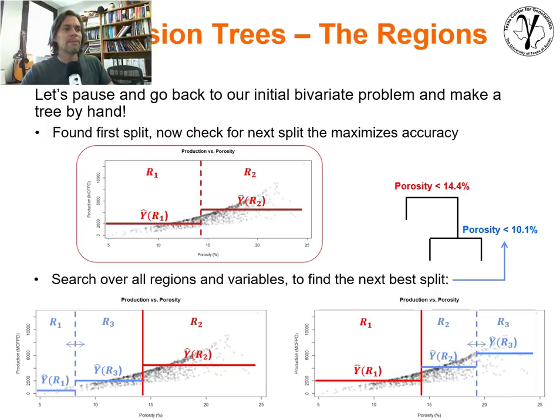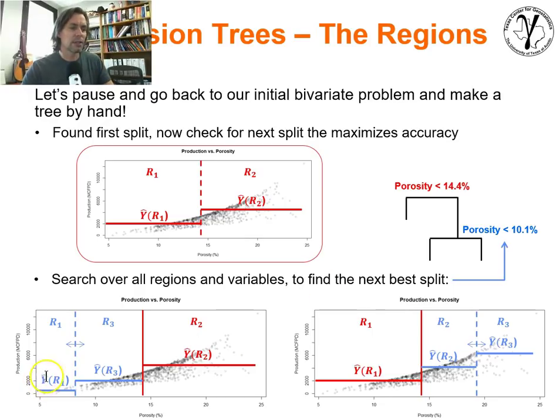Given that first division, we actually have our first rule: porosity less than 14.4%, region 1. That's region 1 right here. Porosity greater than 14.4%, region 2. Now we search over all of the regions. We've got region 1, region 2, and we try to find the next best split.